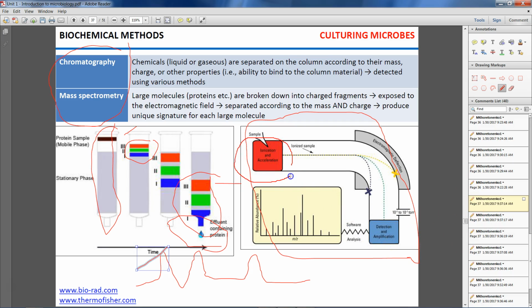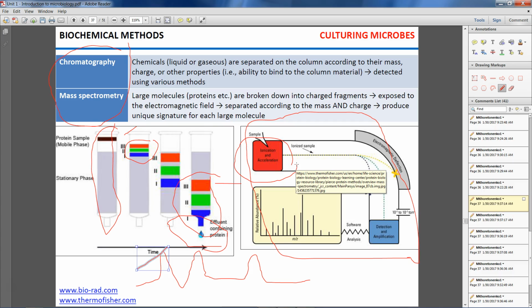What's the ionization? What is the ion? What's the difference between the ion and the atom, or ion and the molecule? Yes, ion is charged, right? It can be positively or negatively charged, but it is charged. So, is that clear?